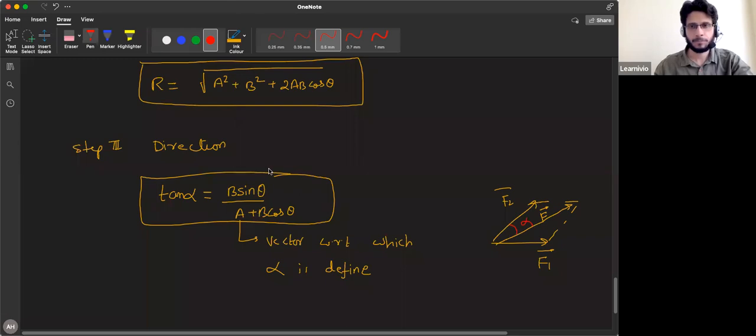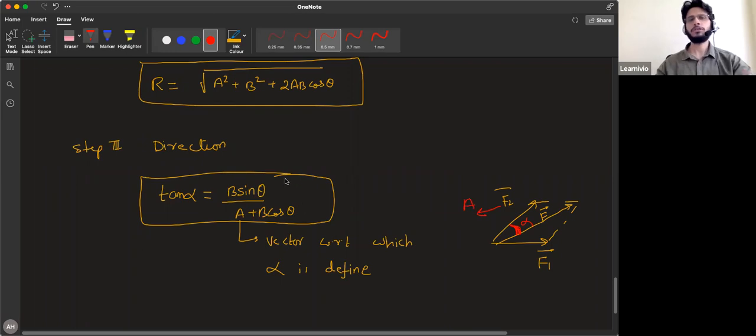The vector with which alpha is defined. So is it F2 or F1? Oh, F1. No, see, this is F1. We're not taking alpha here, we're taking alpha here. So what is A, F1 or F2? Oh, here it will be F2. Yeah, A will be F2.